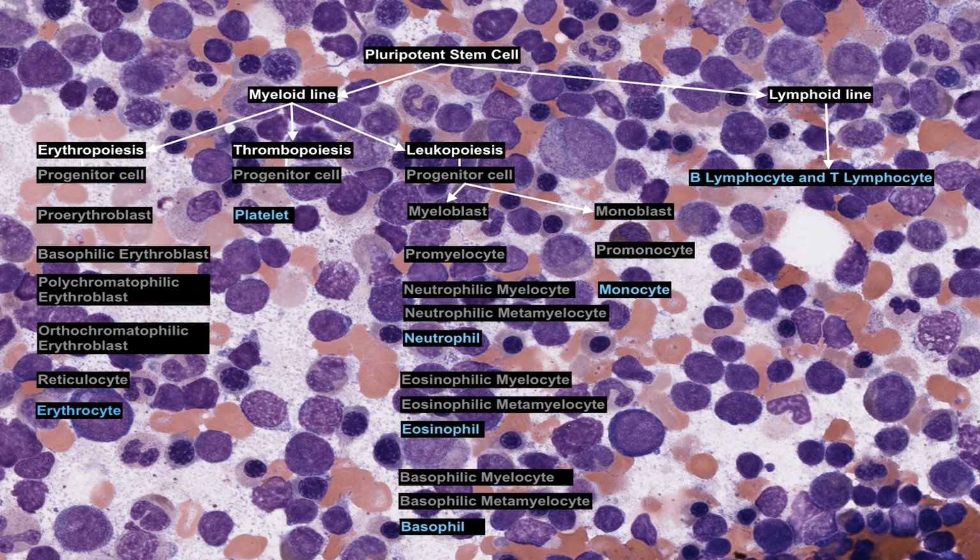A number of different colonies arise from these hemopoietic stem cells. One is the common lymphoid progenitor cell line that gives rise to the lymphocytes.